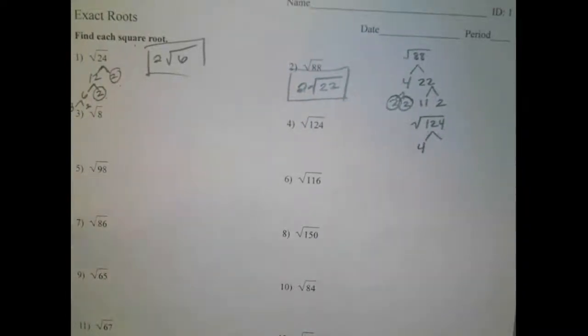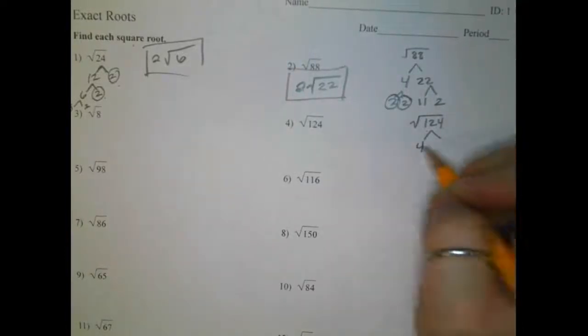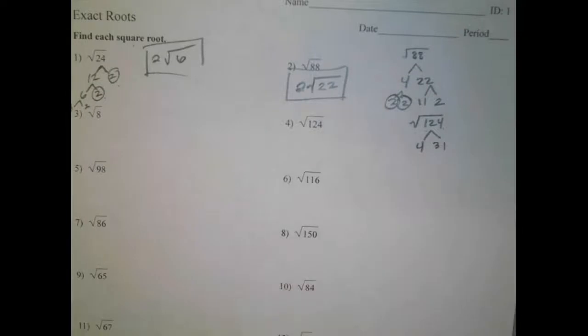You guys have your calculators? Why aren't you taking them out and using them? Calculators, give me an answer. Does anybody have an answer? Tyler? So 4 times 31? Yeah?